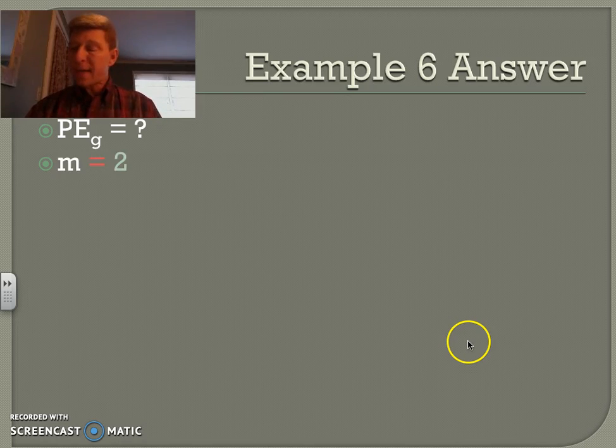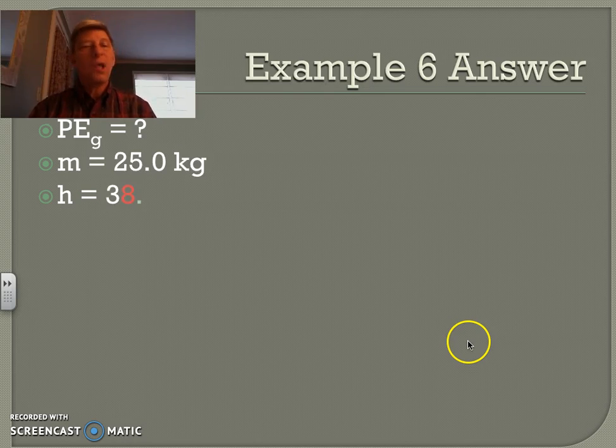We know that the mass of this thing, whatever it is, is 25.0 kilograms. And I know that the height above the Earth is going to be 38.0 meters. And of course, the acceleration of gravity is a constant at 9.81 meters per second squared.